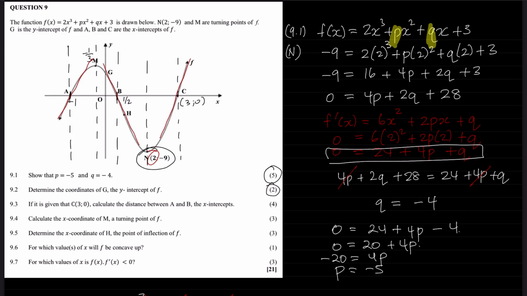So we can highlight that if we want. So here to here, f prime x is positive. From here to here, f prime x is negative. And then lastly, from here onward, f prime x is positive.